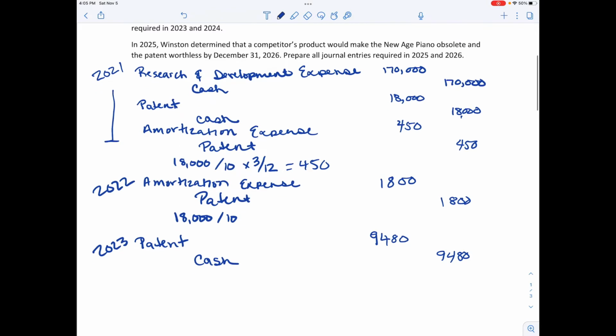Then in 2023, we have to amortize. This one's going to get a little messy. We still have our amortization expense. We're still going to credit that patent. But now let's look at the amount we're going to amortize.